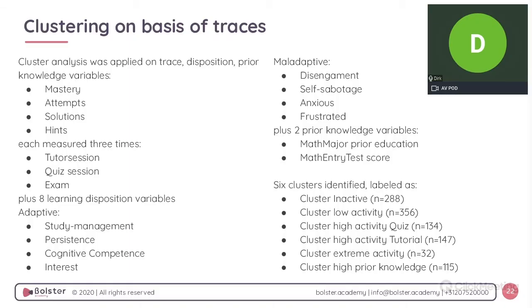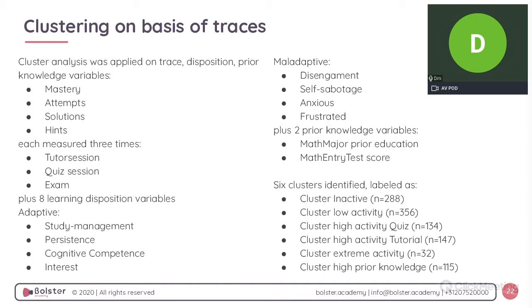The next thing which we did is try to design several student profiles. And we did that with a statistical technique called clustering, and we based those clusterings on the variables given over here. And the outcome is that we find, in fact, 6 different clusters of students: relatively inactive, low activity, high activity focusing on the quiz preparation, high activity focusing on tutorial session preparation, extreme high activity, and students with high prior knowledge.